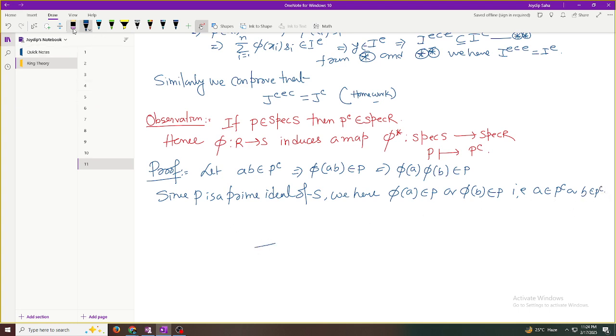So P contraction is a prime ideal. Okay.